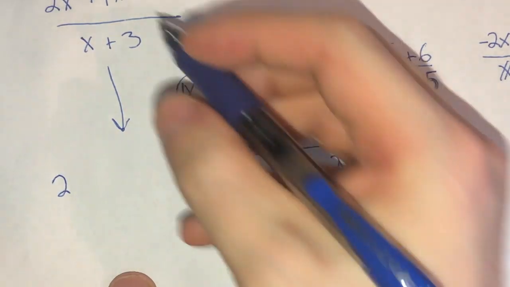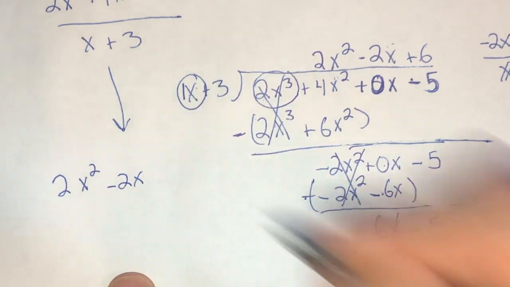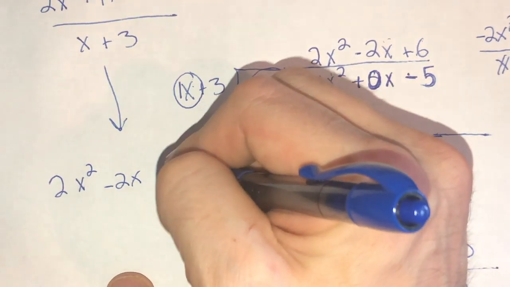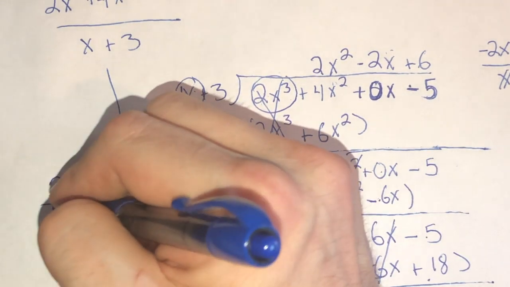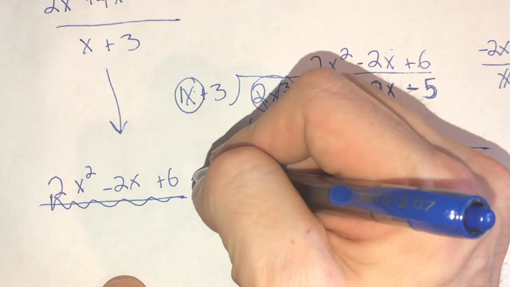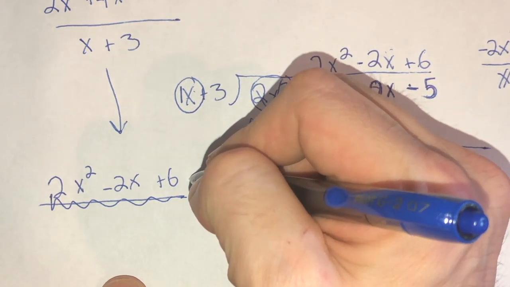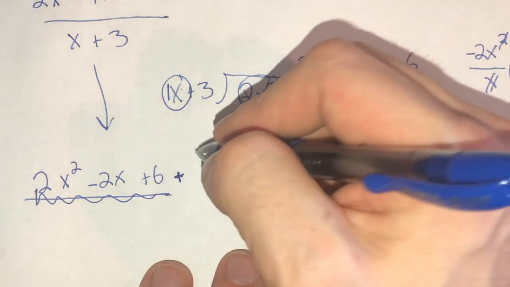2, let's bring it down, 2x squared minus 2x plus 6 all over, whoa, not all over anything, 2x squared minus 2x plus 6 plus, well, is it a plus or a minus? You could look at it two ways. I like to think about it as a plus because it's a remainder. We're always adding it on.